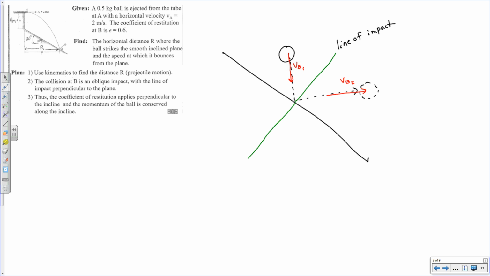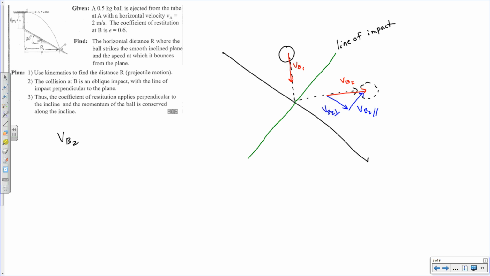But of course, in order for us to solve this problem, we're trying to find VB2, meaning if we break this down into its component form, we need to know the component of VB2 in the direction perpendicular to the line of impact, and the component of VB2 that is parallel to the line of impact.